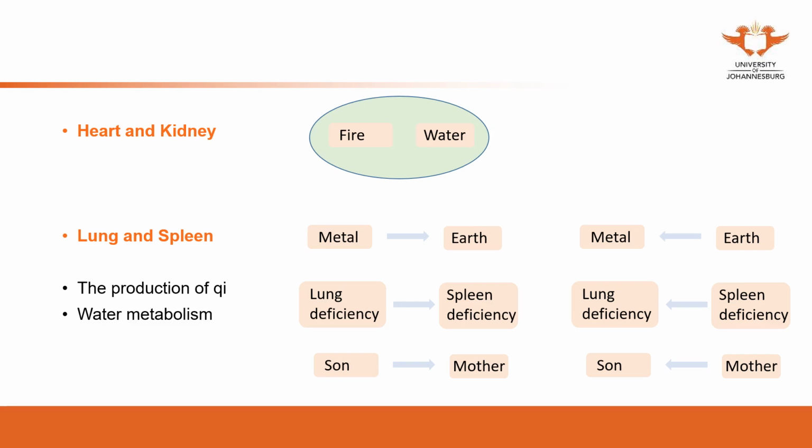They mainly refer to the fire and the water. The heart in the 5 elements is fire. The kidney in the 5 elements is water. So the relationship between the heart and kidney mainly reflects the relationship between the fire and the water. What's the relationship between fire and water in the 5 elements?